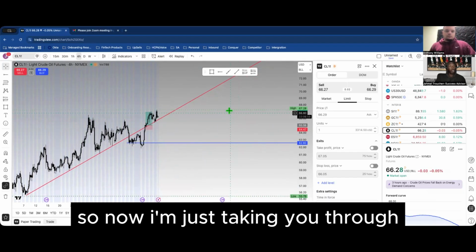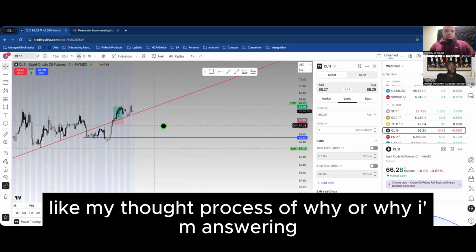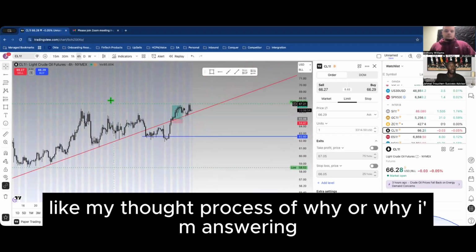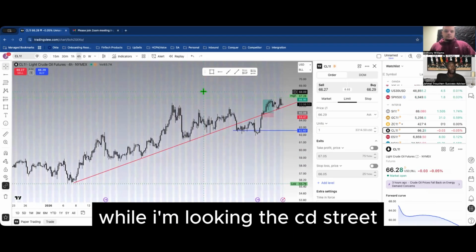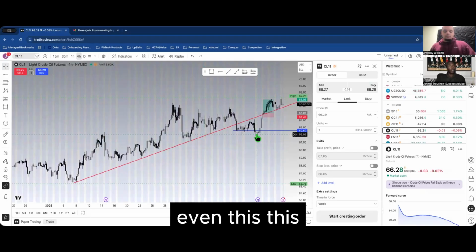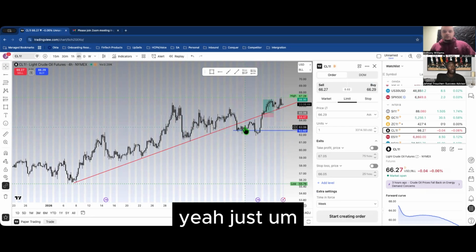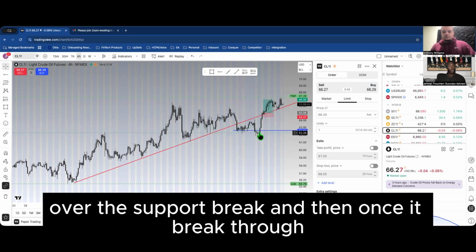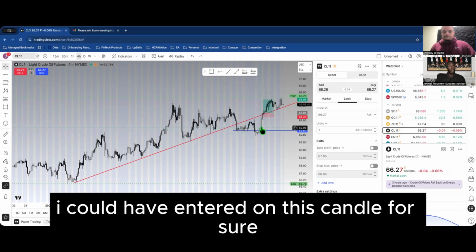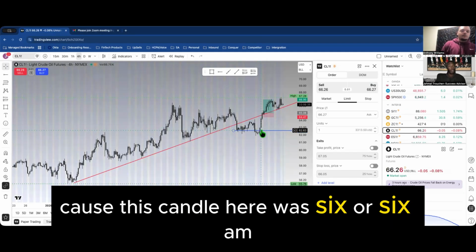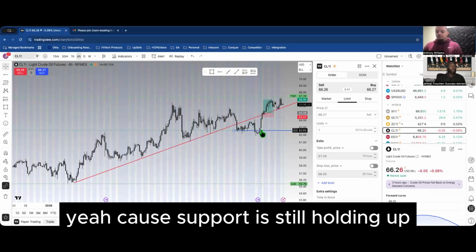So now I'm just taking you through my thought process of why I'm entering or why I'm looking to take these trades. Even this here was a buy opportunity right here too. Just over the support break, and once it broke through, I could have entered on this candle for sure, because this candle here was 6 a.m., in the morning, and support is still holding up.